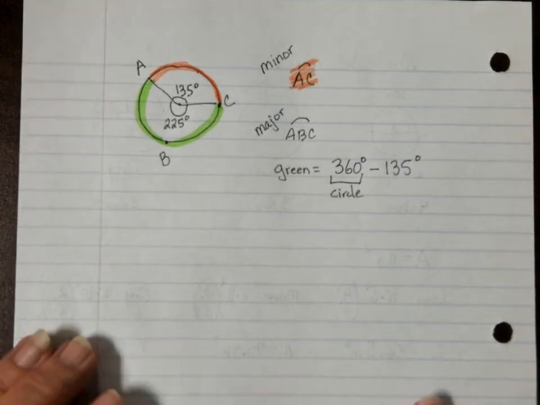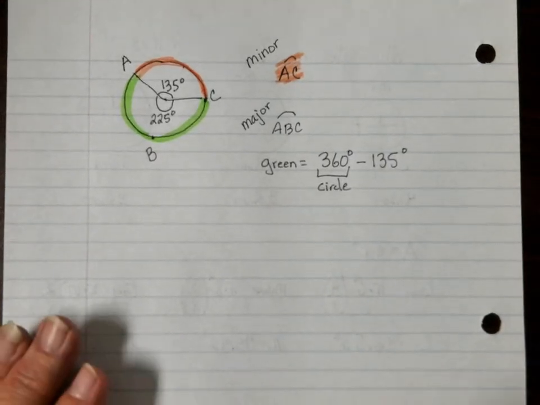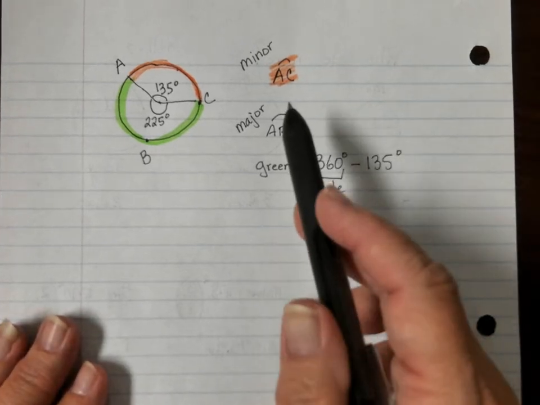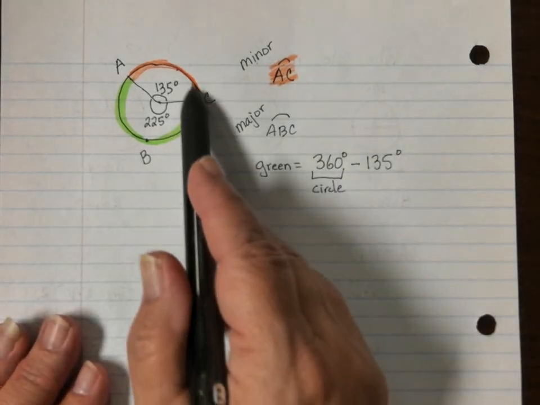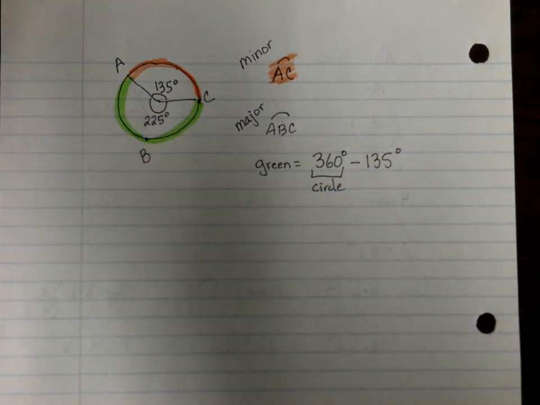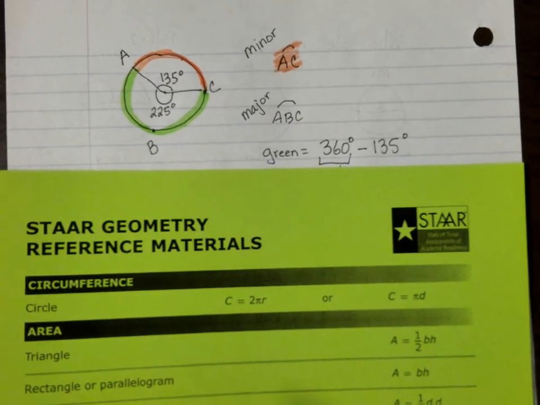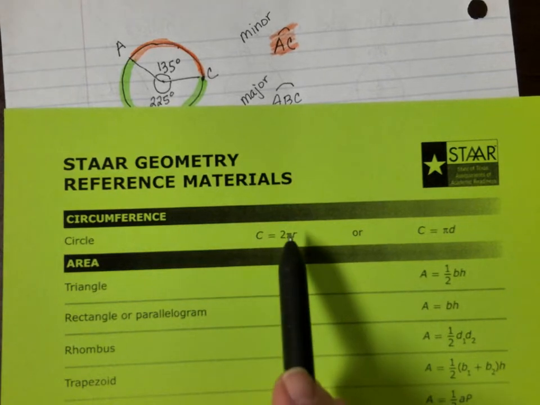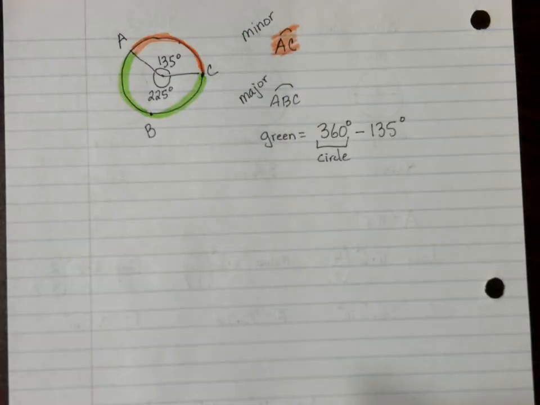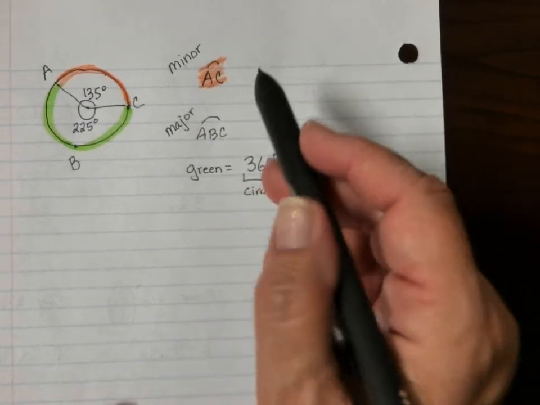Alright. So, this is going back to what we learned back on Monday. If I wanted you to find this orange arc length. So remember, we're not talking about area anymore. We're talking about circumference. Okay? So I want you to find these two arcs.